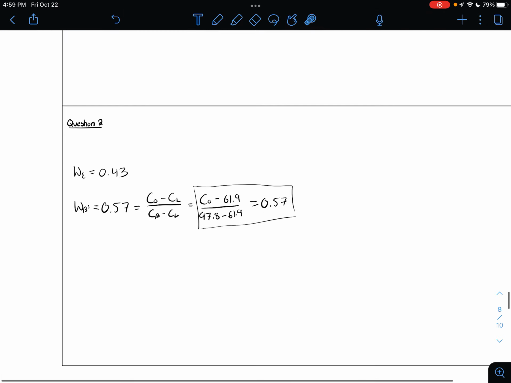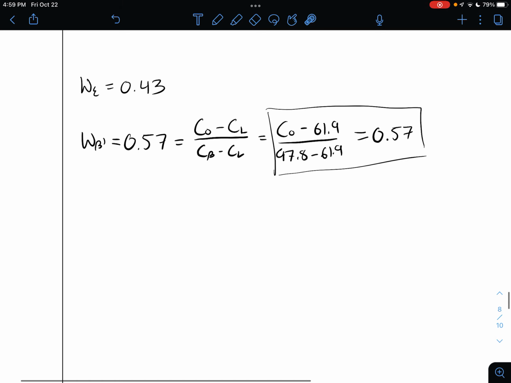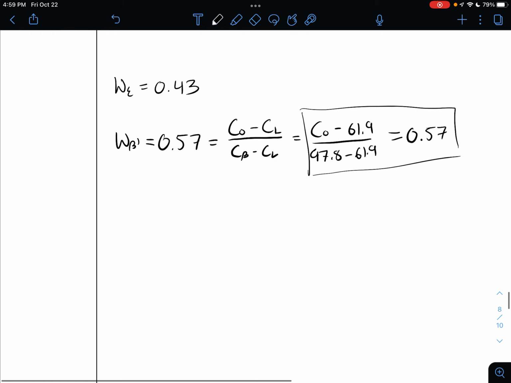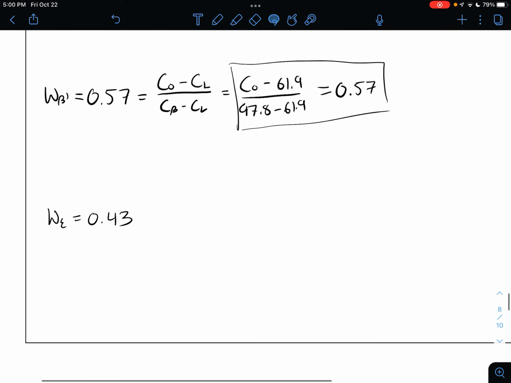I don't remember what the exact number is, but afterwards you can check it. If we solve for some concentration, we can check it by doing the same thing with our eutectic mass fraction, finding the mass fraction in terms of the C0 and setting it equal over here. So that equals 0.43.